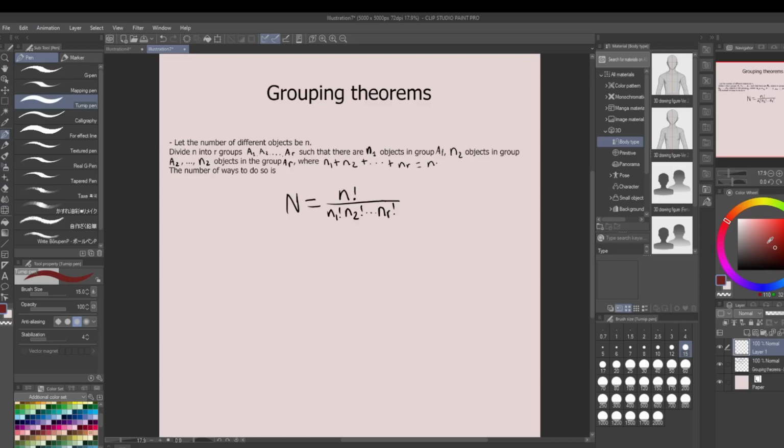Divide n into r groups, A1, A2 to Ar, such that there are n1 objects in group A1, n2 objects in group A2, and all the way to nr objects in group Ar, where n1 plus n2 all the way to nr equals n.